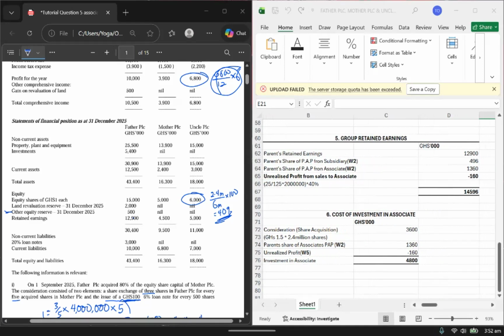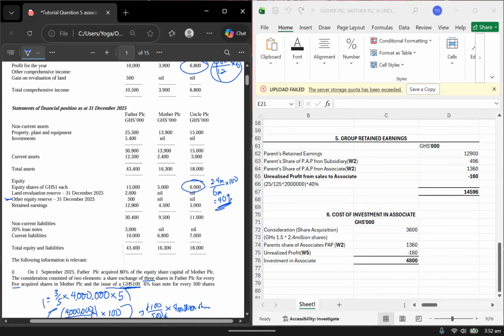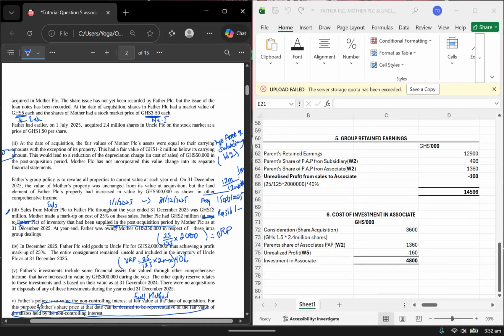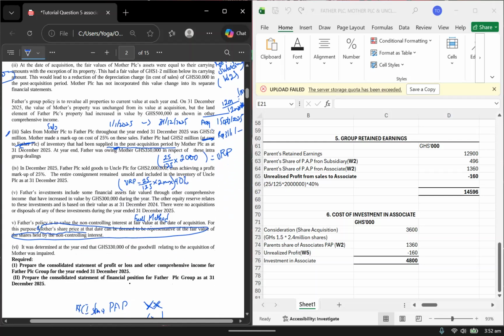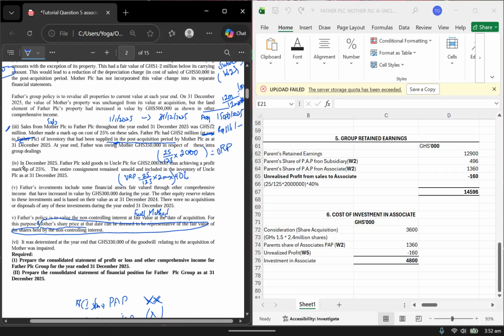Now the unrealized profit from sales to associates. Let's come down here. Okay, it's in here. In December 2025. So you see that December is in the post-acquisition period, right?